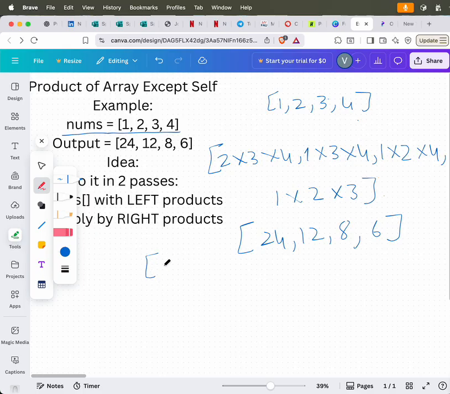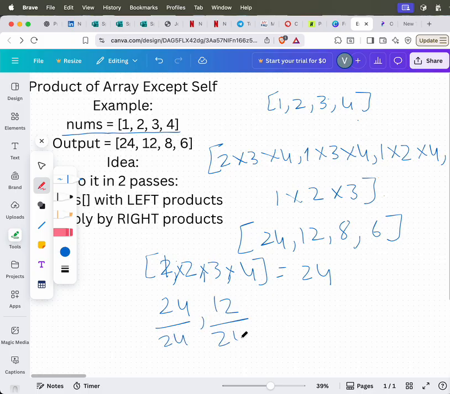We can directly find this by just multiplying 1, 2, 3, and 4, which gives 24. Then you can just divide: 24 divided by 24, 12 divided by 24, 8 divided by 24, 6 divided by 24.